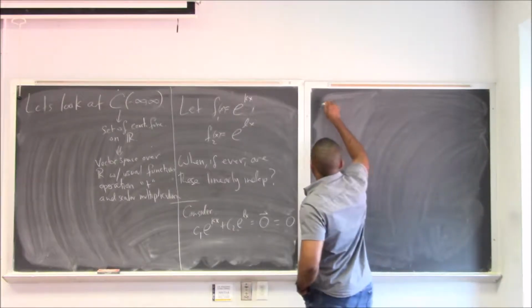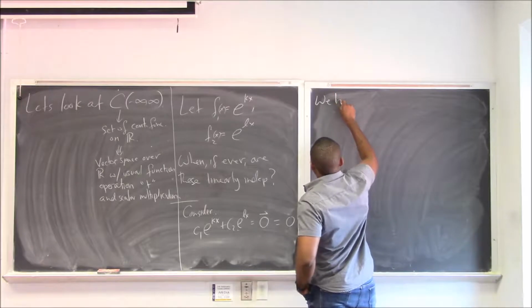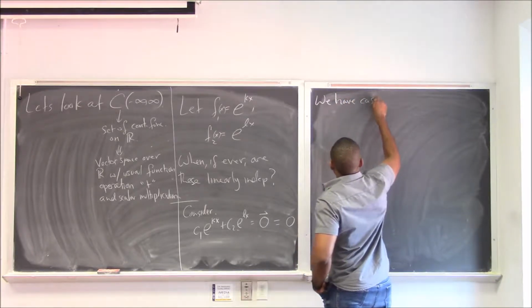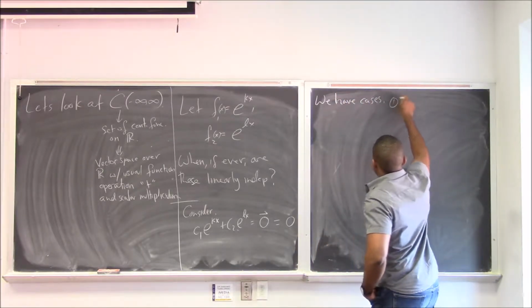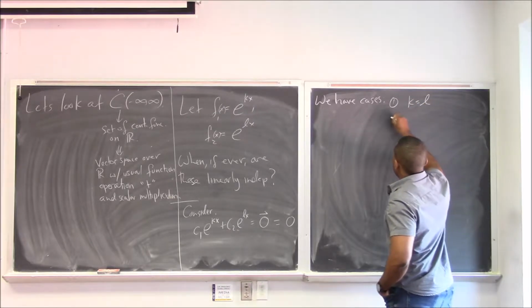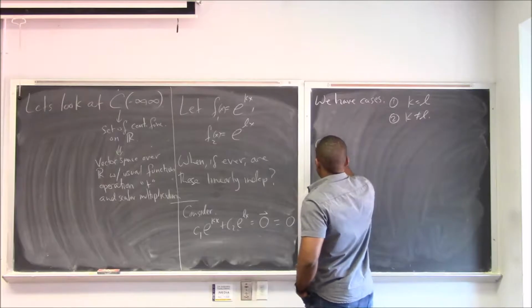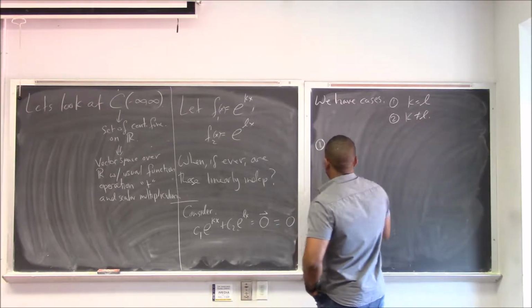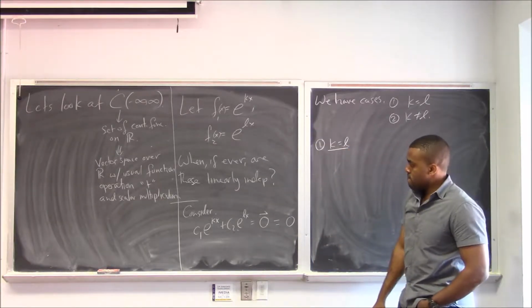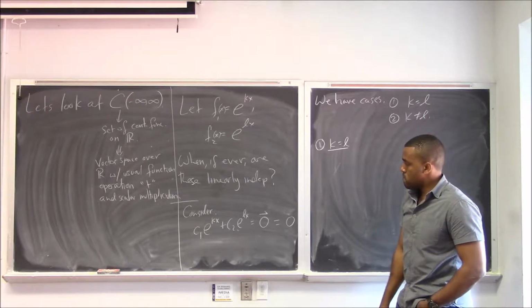Okay, so we have cases. Case 1, what if k equals l, and case 2, if k does not equal l. In case 1, let's say k equals l, what can I say? You have a solution like C1 equals minus C2.